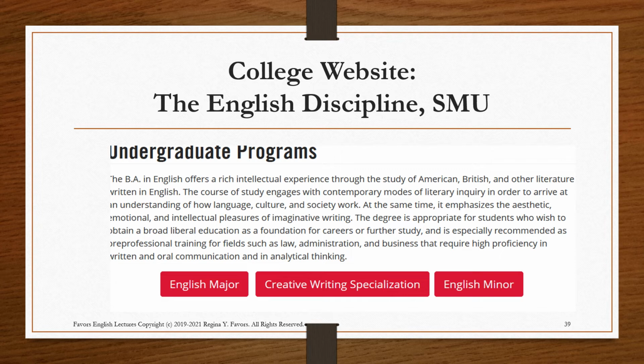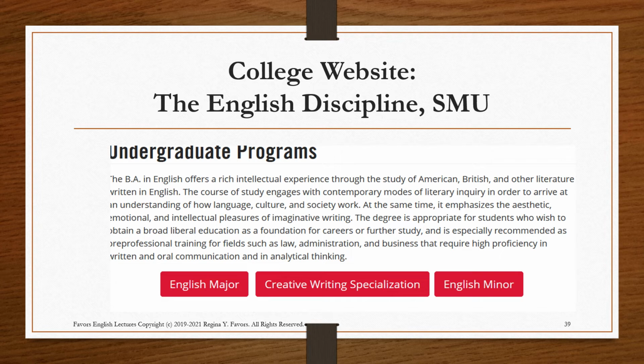So really pay attention to the descriptions that you see, because once you see the term broad liberal education, place that in quotation marks, that should be something that triggers your mind. Okay, if it's broad, I'm going to have to focus myself. Also, the three tabs that you see here: English major, creative writing specialization, and English minor, under the undergraduate program, are also important, and it depends on what it is you're trying to do.